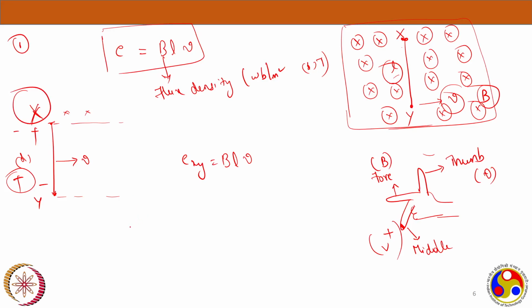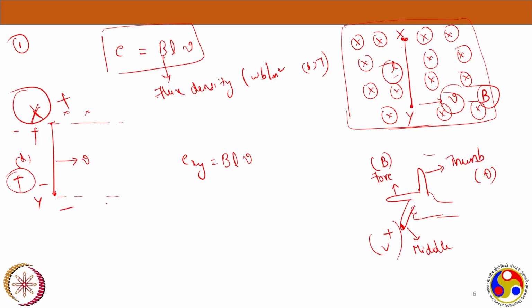I'm just trying to write this with respect to the right hand rule. My thumb is here and forefinger is here into the paper, and I can't write the finger here, excuse me. So thumb is velocity, forefinger is into the paper, and the voltage induced will be at the tip of the middle finger, which is X, and here it will be positive and the other will be negative.